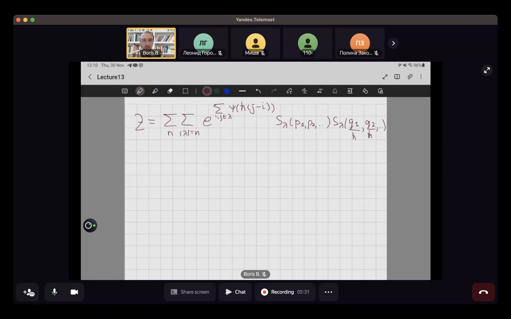So in the right hand side we have some combination of say j with pluses and j with minuses, so operators of multiplying by p's and differential operators, this d over dp.